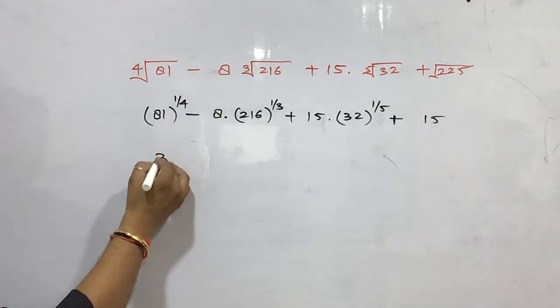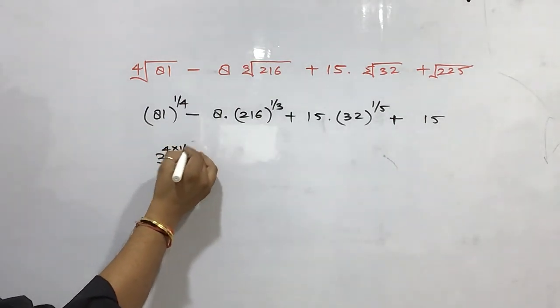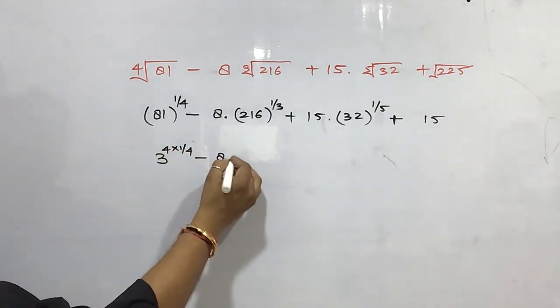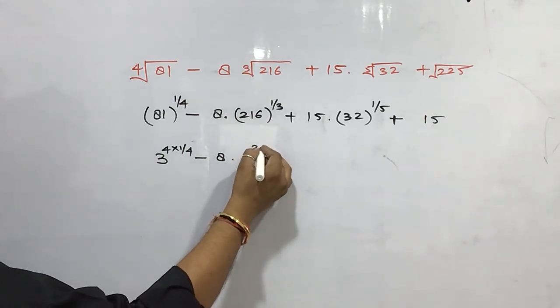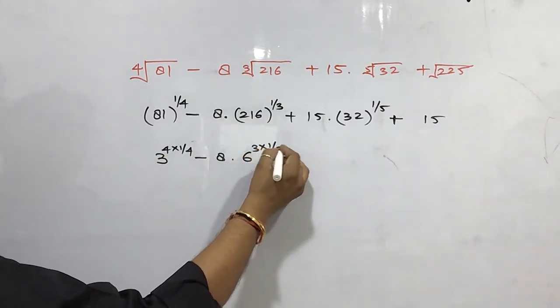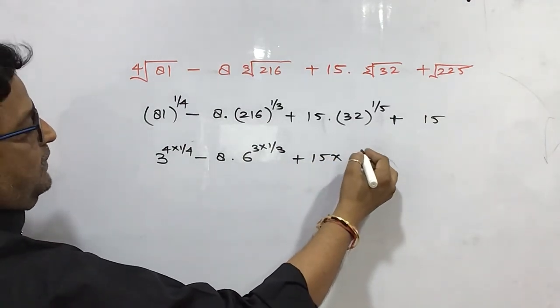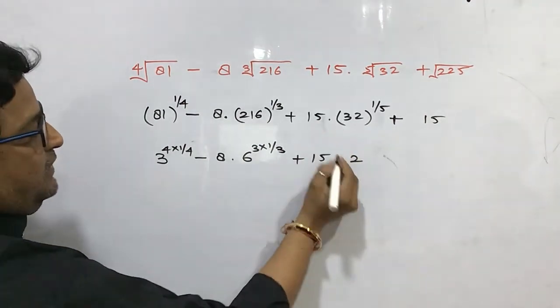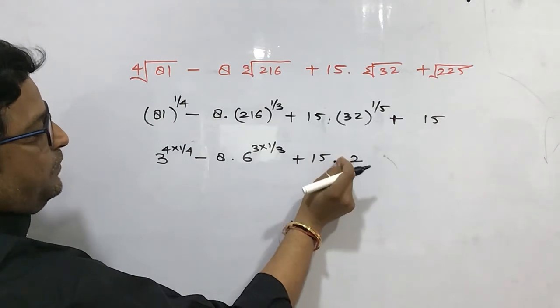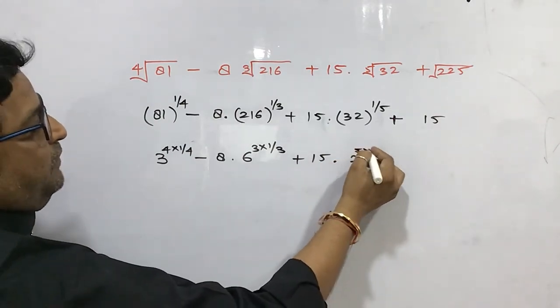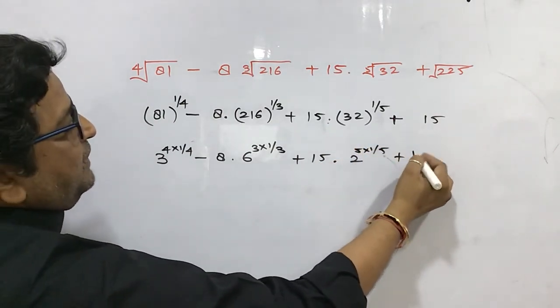This is 3 raised to the power 4 into 1 by 4. This is 8 into 6 cube, 6 to the power 3 into 1 by 3, plus 15 into 2 to the power 5 into 1 by 5 plus 225.